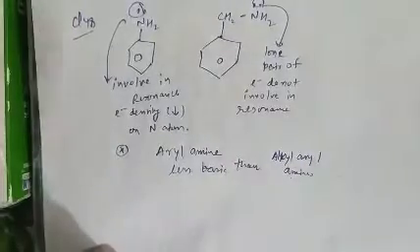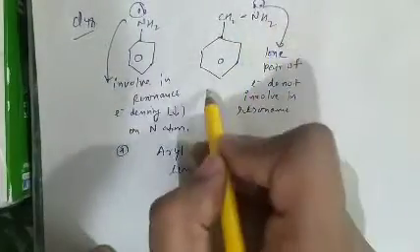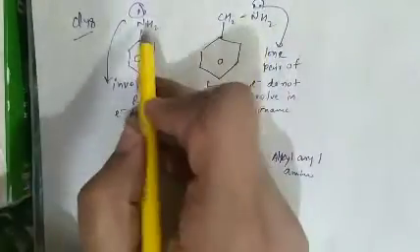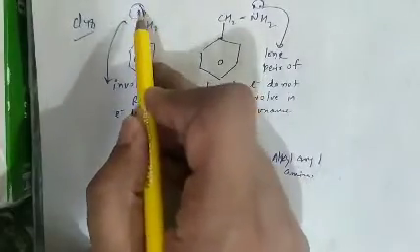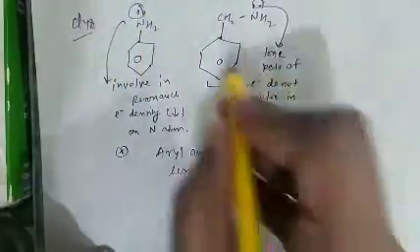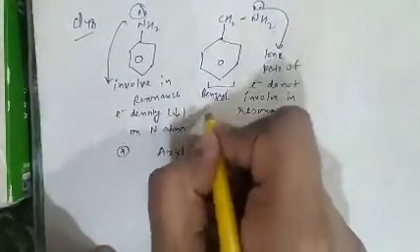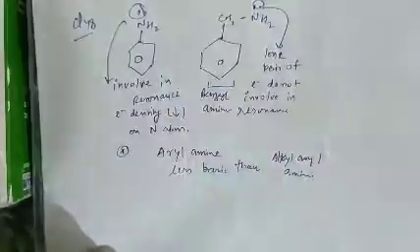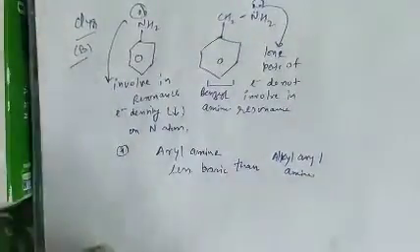So basically, electron density on the nitrogen atom is more in this compound, while when the NH2 group is attached to the benzene ring, electron density on the nitrogen atom decreases. Therefore, benzylamine is most basic. So benzylamine is the most basic compound, which is given in option B. Question number 48, option B is correct.